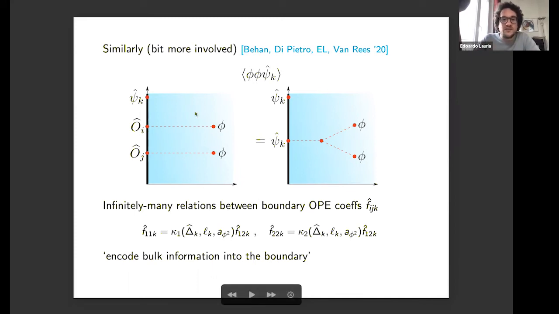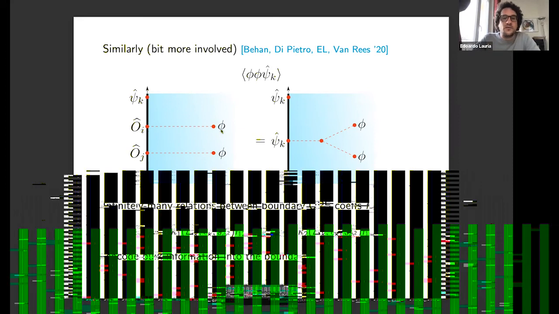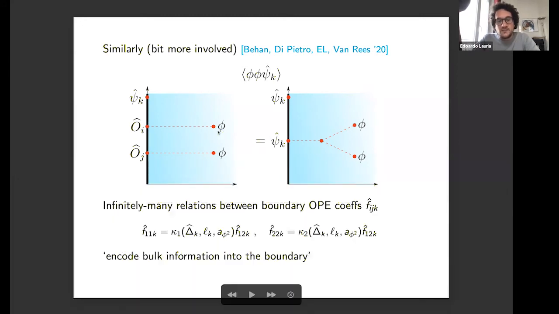Let me just tell you that one of the nice features of this is the following. One of the important consequences of this bulk-boundary bootstrap for a free scalar field is the following. When you push phi to the boundary, as we said, you're going to find all possible three-point functions between the boundary modes of phi, which can be only O1 and O2, and psi k, let's say an external boundary operator that you choose.